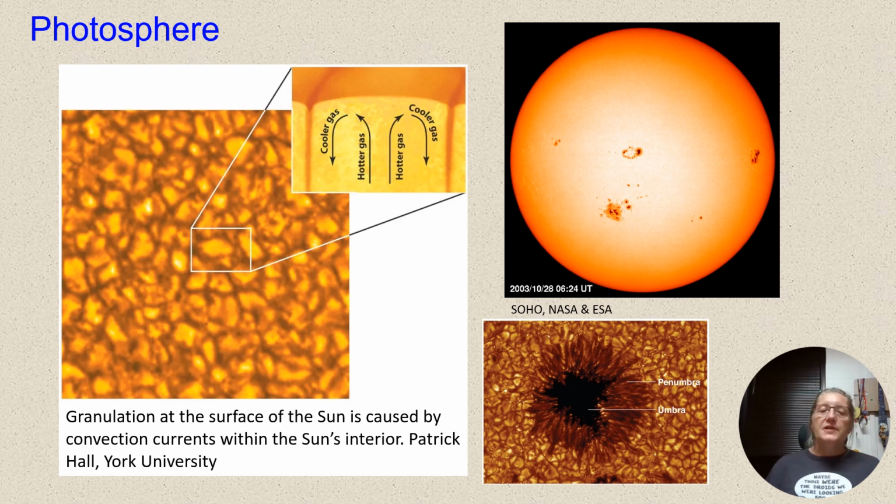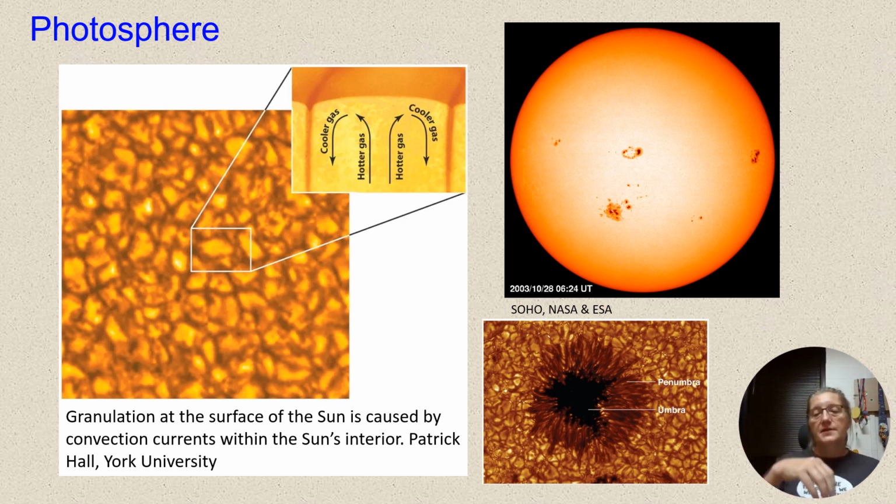And granulation is a function of convection currents right below the photosphere, in which hot blobs of material or gas rise, and then they cool and descend.